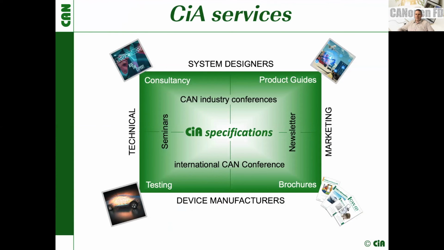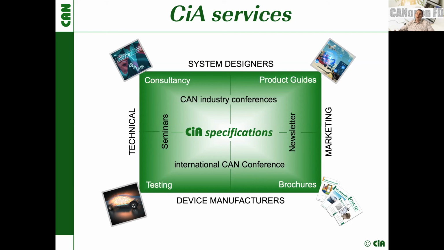Here you see a small summarization about what we are doing, that we are taking care about the specifications, trying to improve the interoperability of CAN-based solutions, reducing the configurational effort for devices when you have to integrate them to one proper working CANopen control system. And then on the other hand, we are doing some marketing for CAN-based solutions.